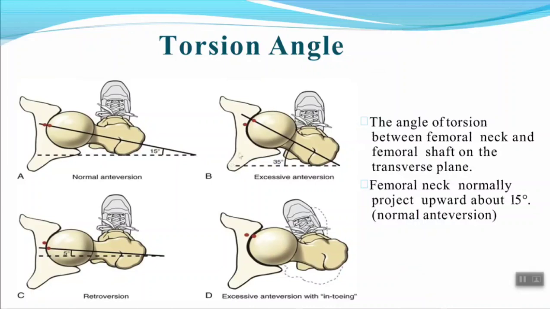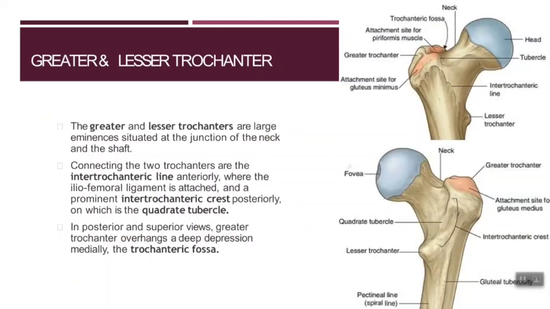If we have excess anteversion, we have some pathological position. Usually excess anteversion is accompanied by intoeing. If you look at the shoes, this is intoeing, where the two feet look toward each other.